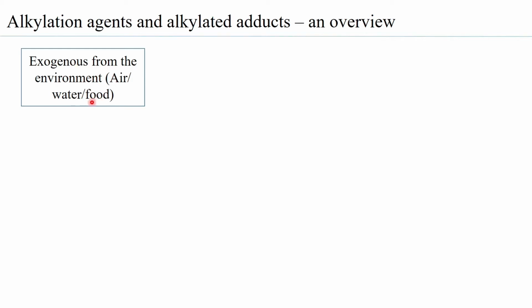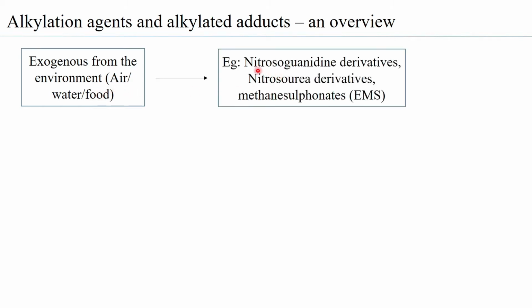Nitrogen mustard is one of the alkylating agents, and others are nitrosoguanidine derivatives, nitrosourea derivatives, and methyl sulfonates. A lot of studies have been done with ethane methyl sulfonate, and these have been shown to induce a lot of mutations. So a lot of mutagenetic studies are carried out by using EMS.